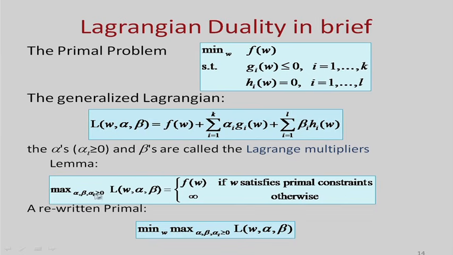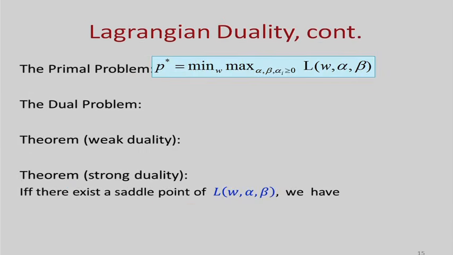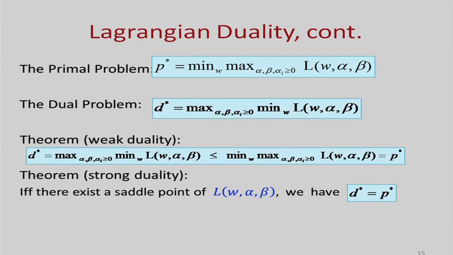So, the primal can be rewritten as: you take the Lagrangian, maximize over alpha beta for a fixed w, and then take the minimum over w. So, minimum over w, maximum over alpha beta of L(w, alpha, beta) is a rewriting of the primal formulation. This is the primal problem and it has a solution; let us say the solution is P star.